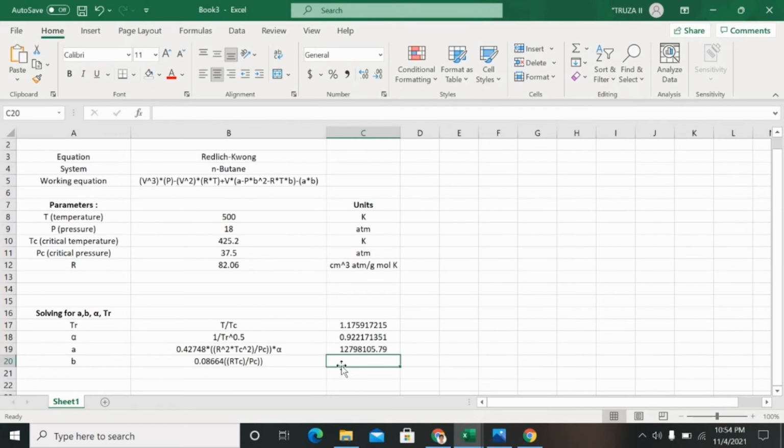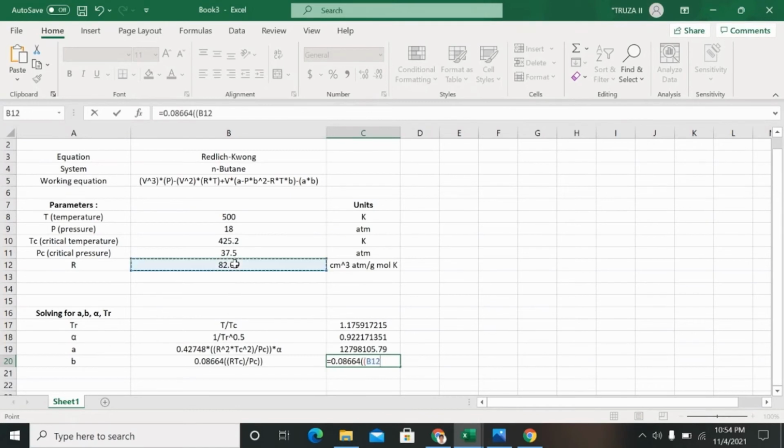And solving for B, we have 0.08664 times the R times the critical temperature, divided by the critical pressure.